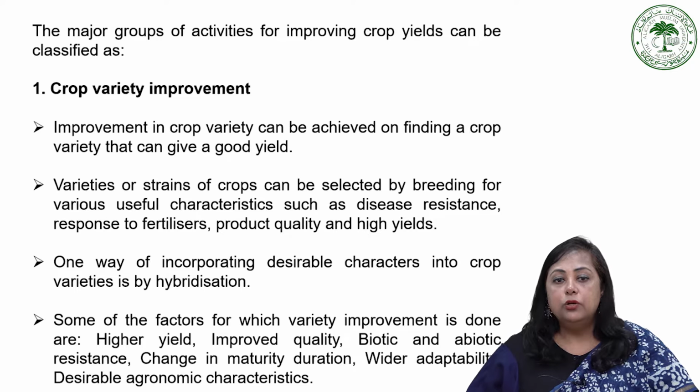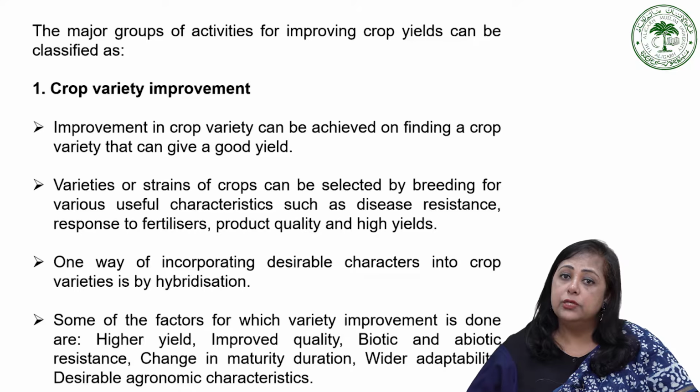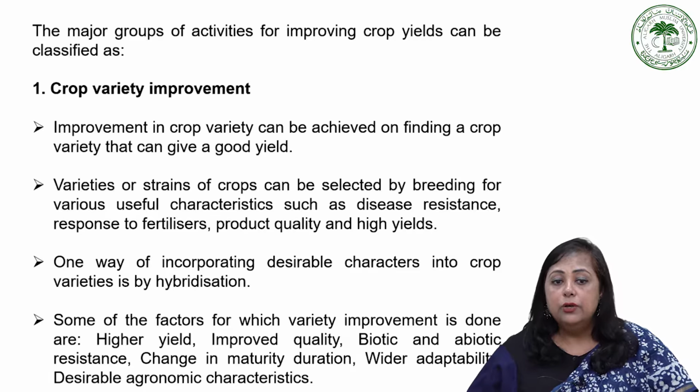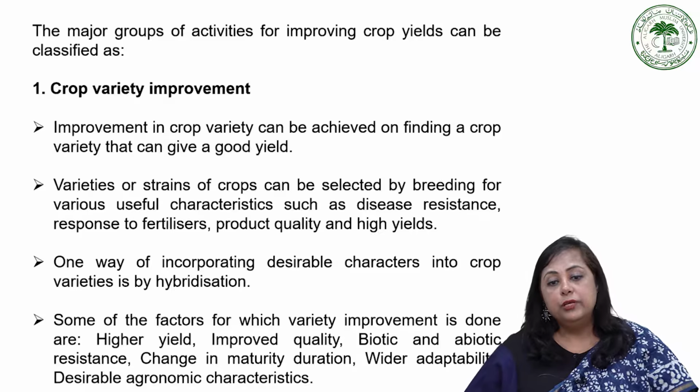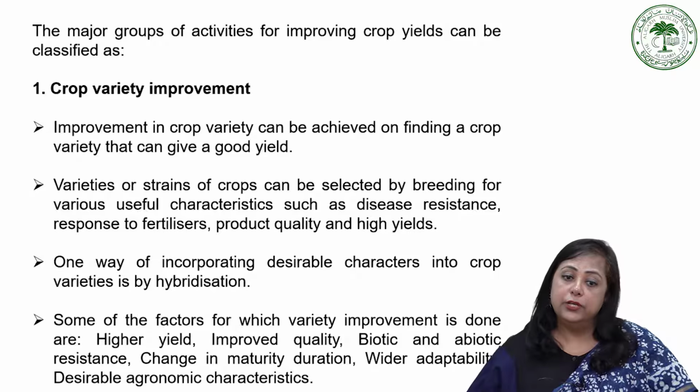The major groups of activities for improving crop yield can be classified as crop variety improvement. We can improve the varieties of the crop. Improvement in crop variety can be achieved by finding a crop variety that can give a good yield. A variety or strain of crops can be selected by breeding for various useful characteristics such as disease resistance, response to fertilizer, product quality and high yield. This can all be done through good research.